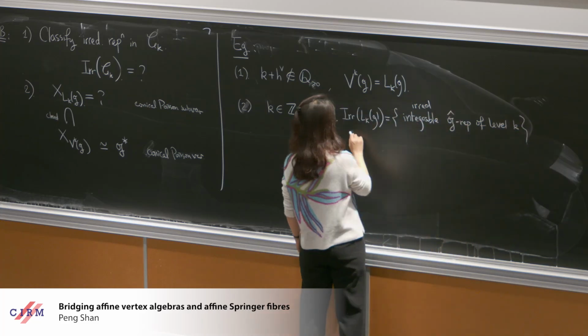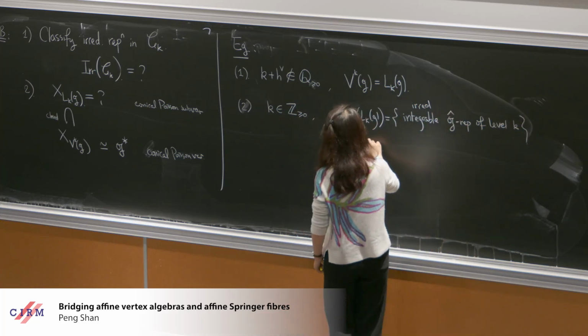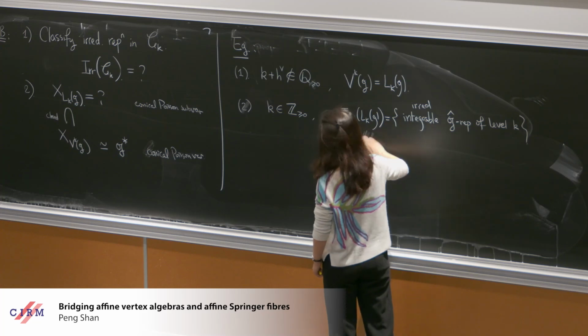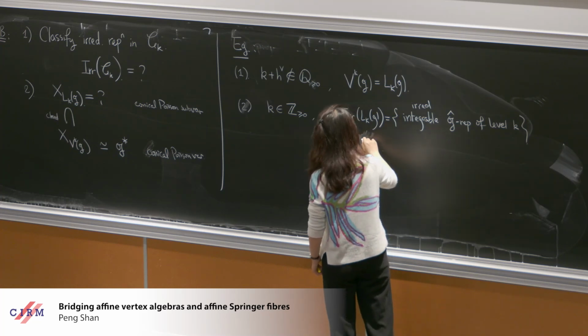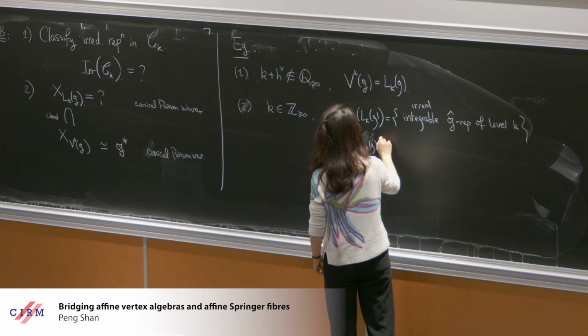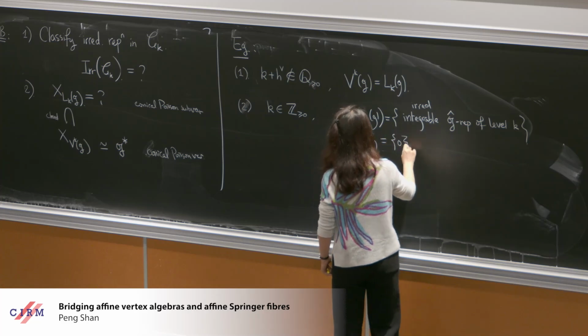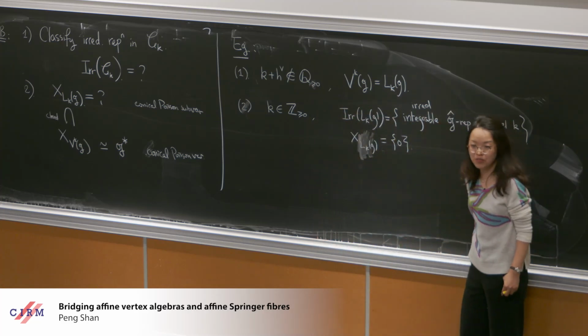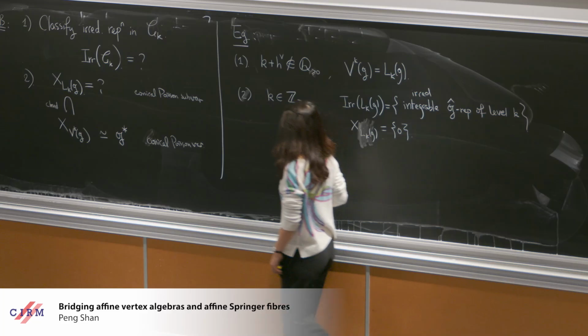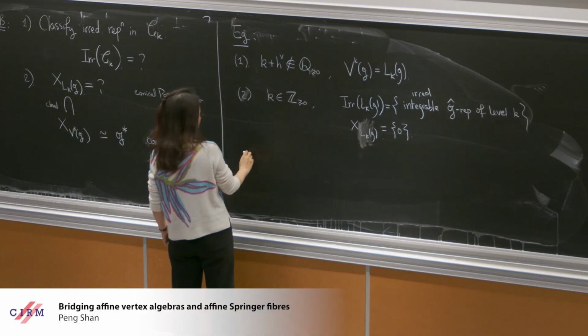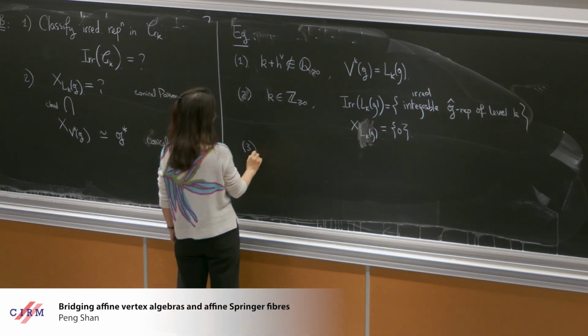And the associated variety of L_kG in this case is just a point, 0. So the answer is also known in this case.